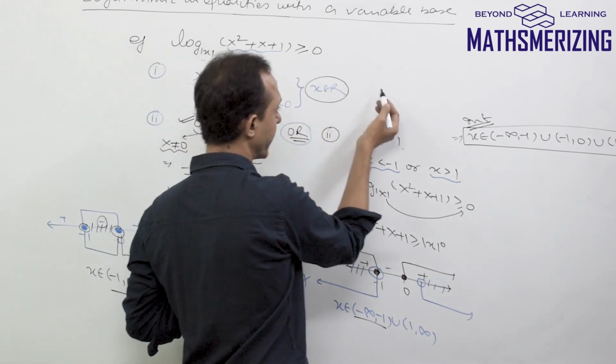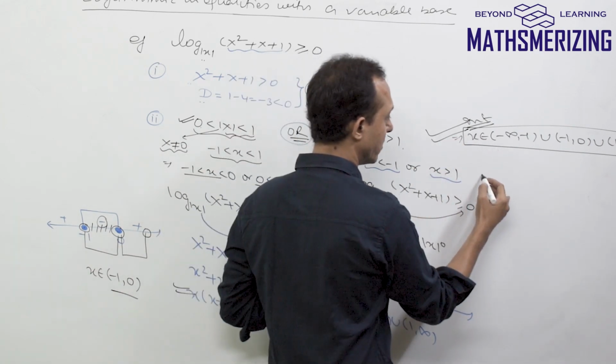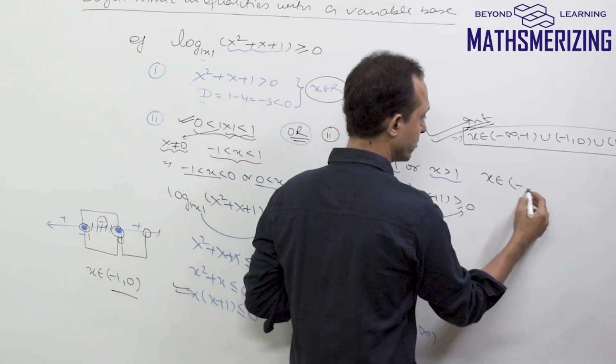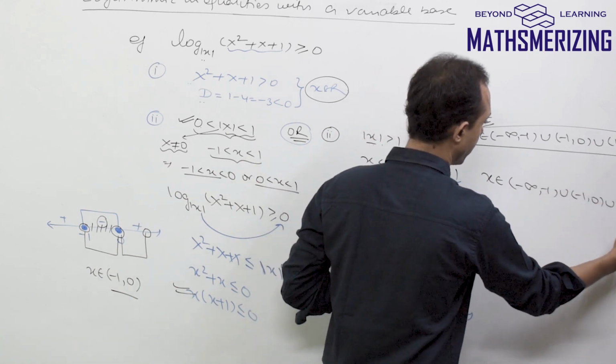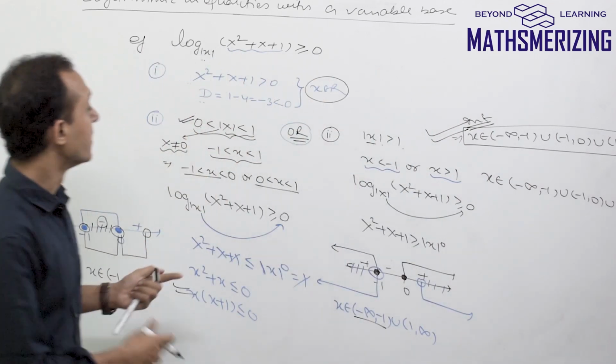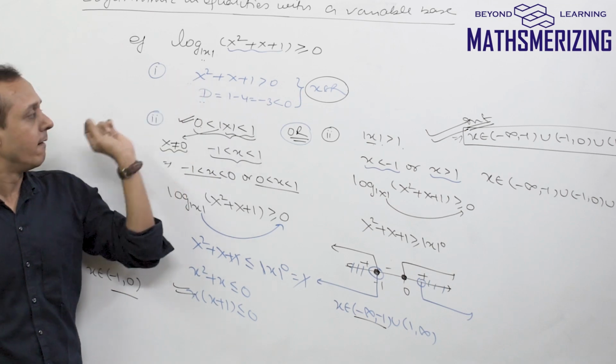Because domain is x belongs to R, their intersection will be the same result. So answer to this question is x belongs to minus infinity to minus 1, union minus 1 to 0, union 1 to infinity. So this is how we solve logarithmic questions when the base of log is a variable quantity.